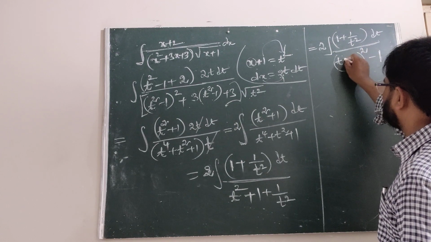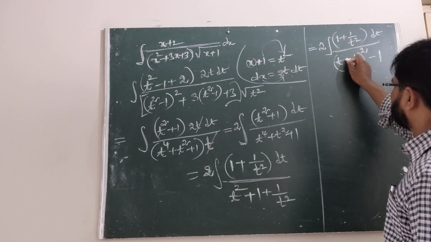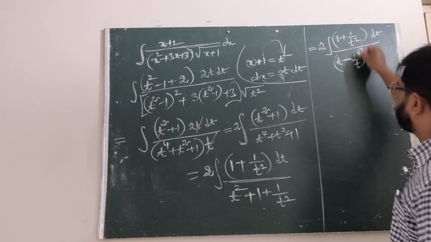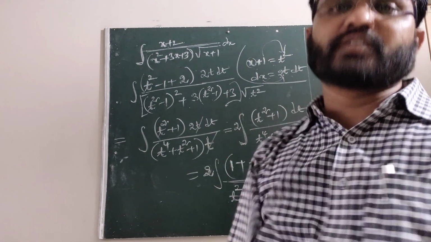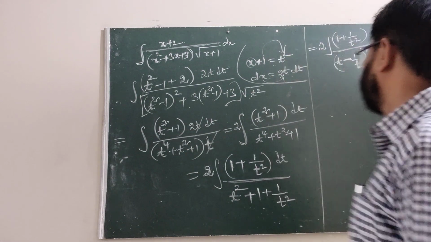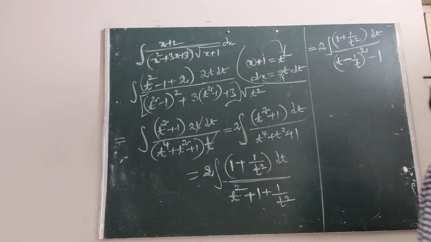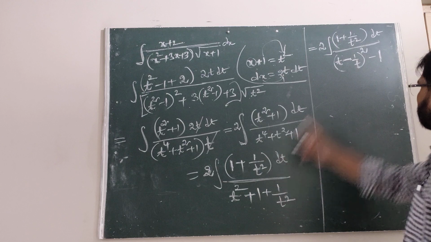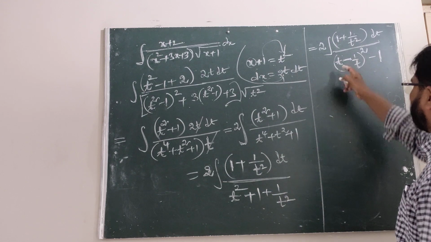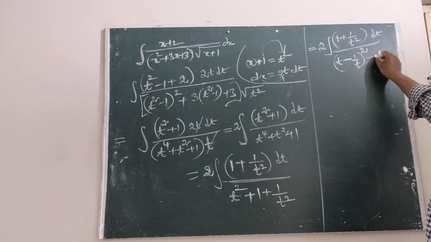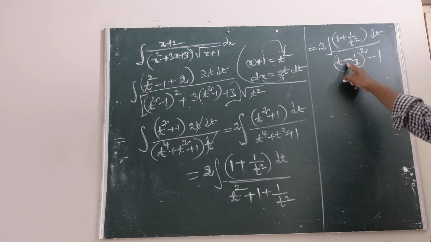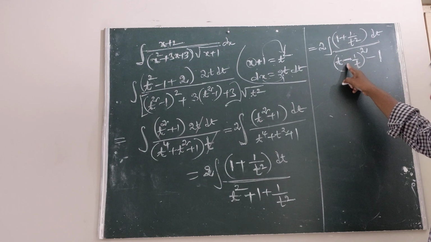Why? Because the derivative of t is 1, and the derivative of minus 1 by t is plus 1 by t square. Therefore here a square is this one, b square is this one, minus 2. Therefore minus 2 plus 2 cancel.